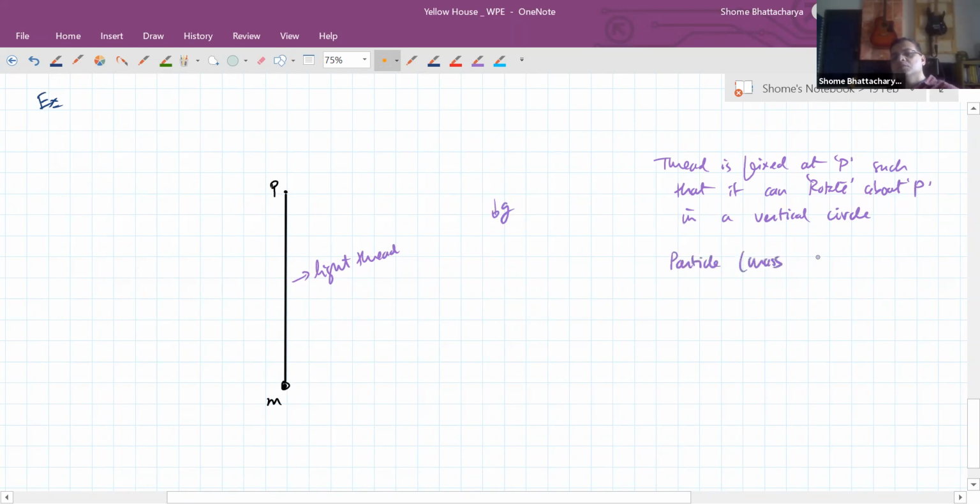Particle of mass m attached to the other end.